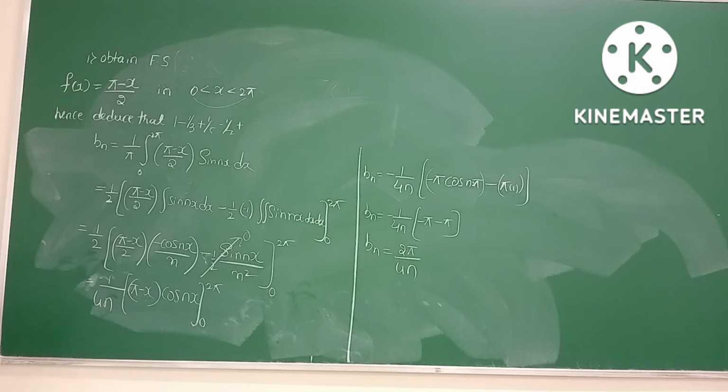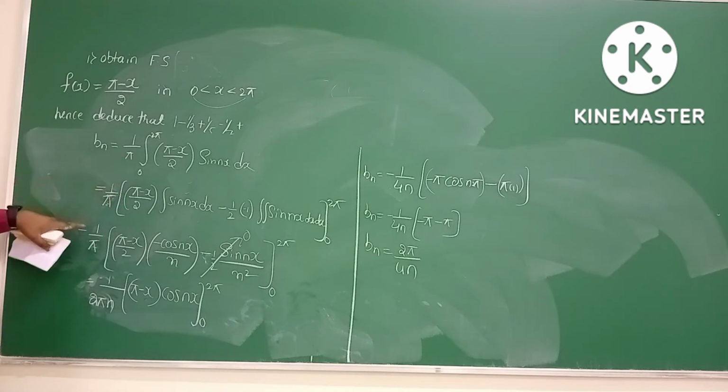I hope it is clear, guys. Now, I think I forgot this 1 by pi. Instead of 1 by pi, I have written 1 by 2. Sorry, this is 1 by pi, not 1 by 2. This is also 1 by pi. So 1 by pi means it becomes 2 pi n, because this is 1 by pi. I have written 2 here.